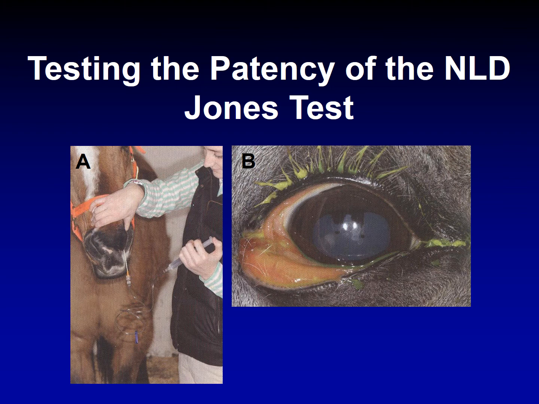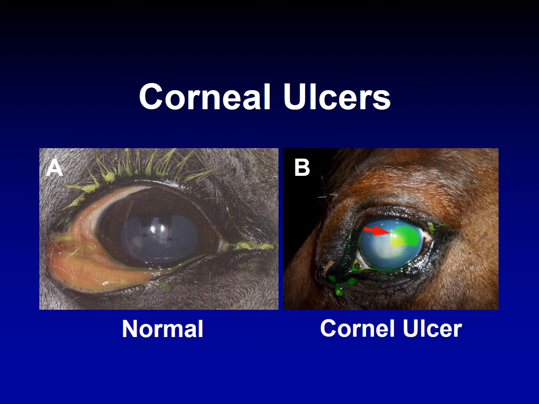Let's see how the corneal ulcer looks. I've shown you one of it before. Let's see how it looks now. So you've seen these pictures before when I talked about how clinically important it is to study the anatomy of the equine head. On the left-hand side picture, you see a normal cornea and the horse, and the green stain, the fluorescein stain, can be seen on the eyelashes of the upper eyelid.